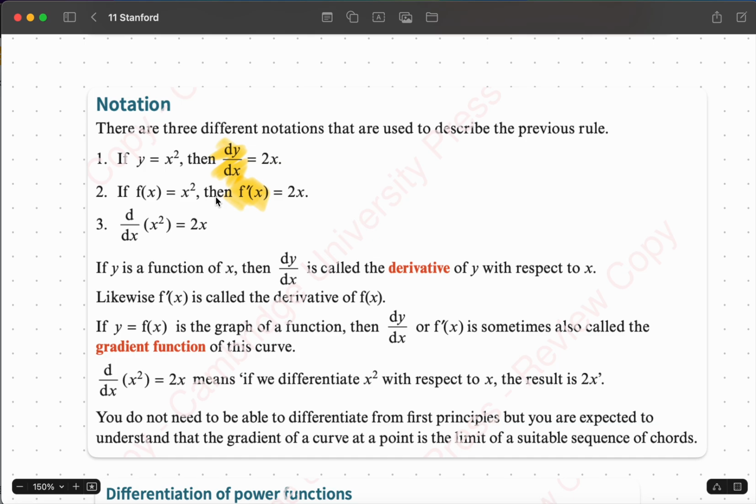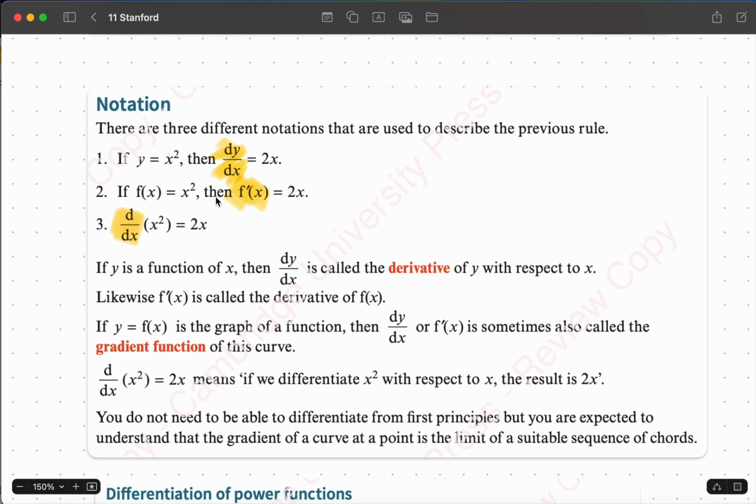And the last one is d over dx, and then in brackets x squared. This also shows differentiation. So there are three notations of differentiation. The first is dy over dx, the second uses prime, showing the function and putting the prime on the function.